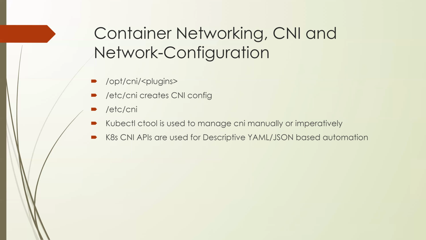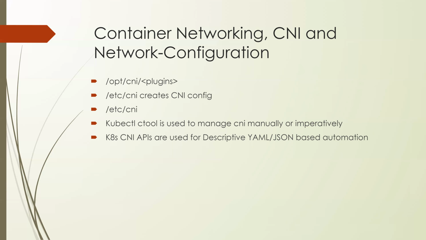And then you have something called kubectl, which is nothing but a command line utility, which you can use manually to test the CNI, so that you know that your Kubernetes CNI APIs are used. The command line interface is for us to manually test it.